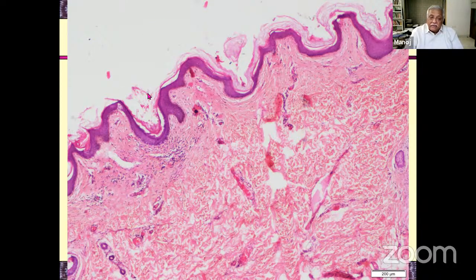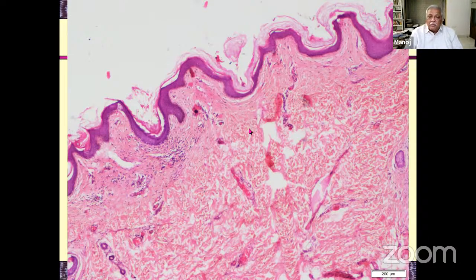Now, this is on top, the keratin layer, right? Below that is the epidermis. Below that is the dermis. Below that, here somewhere, is the subcutaneous fat. These are the essential layers in the skin.